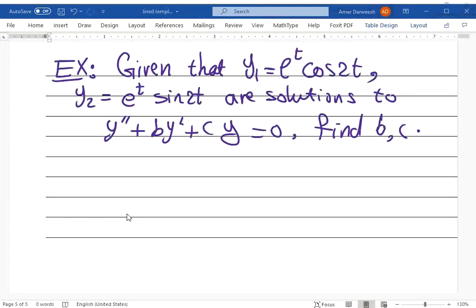So we conclude this section by the following example. Given that y1 equals e to the power t cosine 2t and y2 equals e to the t sine 2t are two solutions to the equation y double prime plus by prime plus cy equals 0. Find b and c.